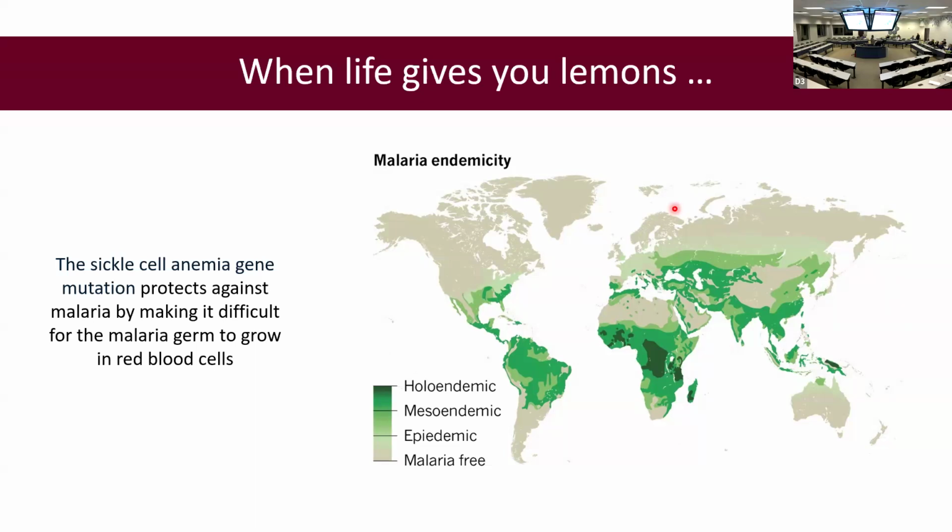What is malaria? Malaria is a parasite that comes and hosts on our red blood cells to the point that it eliminates them. So why does having a bad copy, or a mutated copy, of this gene help against malaria?